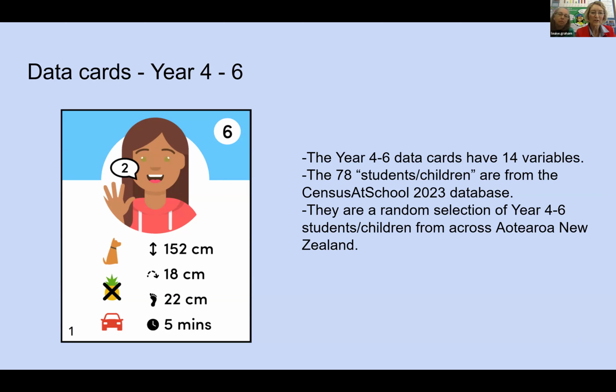And you might give some suggestions to get them started, especially if you go around groups and some groups are not sure what sort of question to ask. You might group them into the year 4 cards, the year 5 and the year 6. If you notice the 6 on this card, that refers to year 6 children. So you might say, we'll just look at the data for year 6, especially if you're doing year 6 data. And next slide.